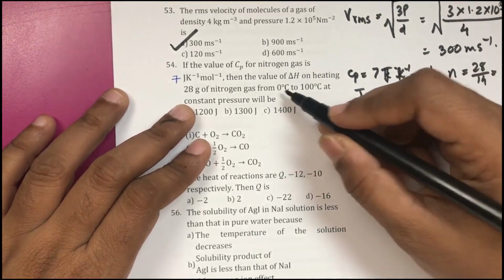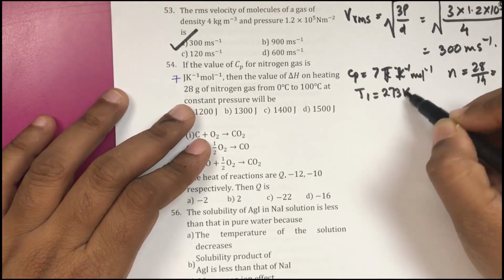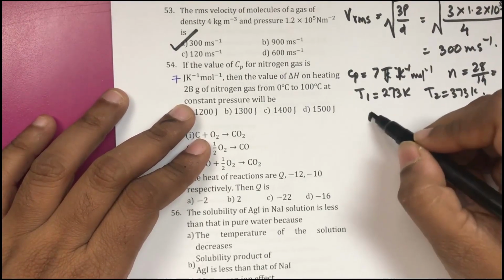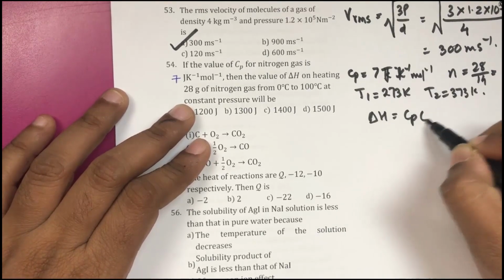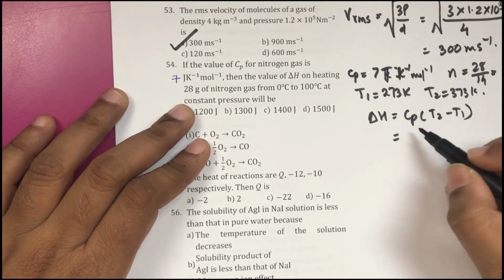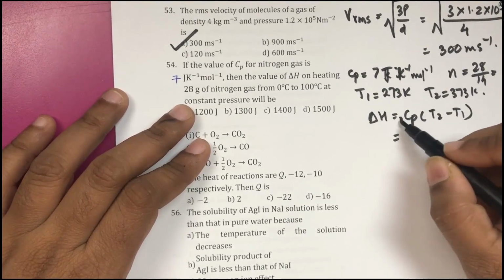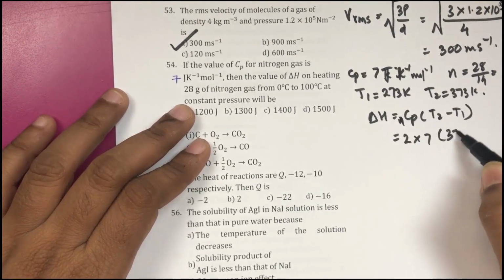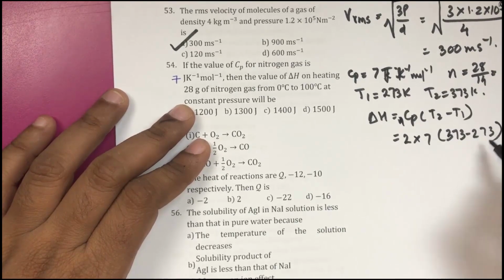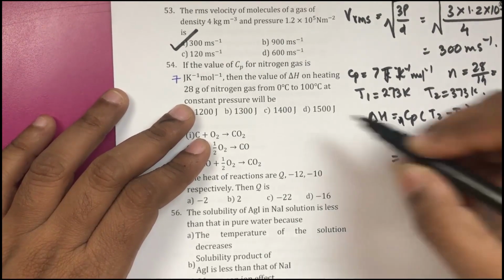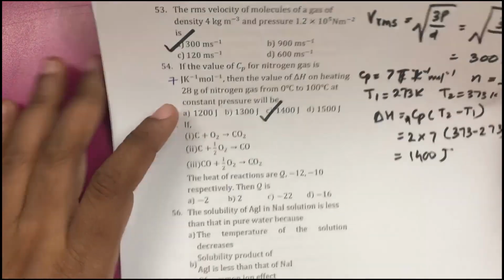T1 converted into Kelvin is 273 Kelvin, and T2 is 373 Kelvin. We have a formula: delta H equals n Cp (T2 minus T1). N is 2, Cp is 7, into 373 minus 273. So this is 14 into 100, so 1400 joule. Hence option C.